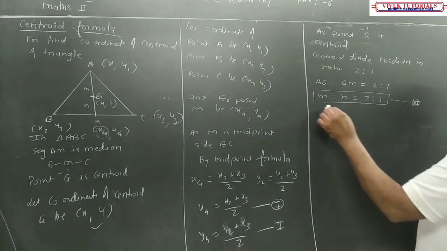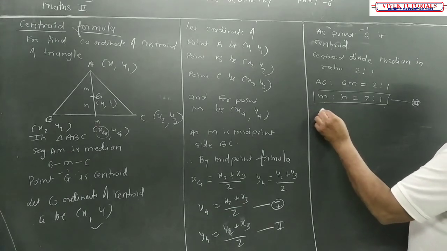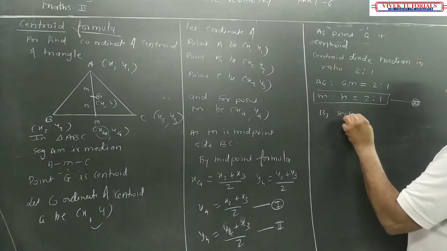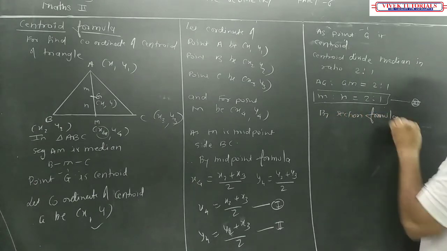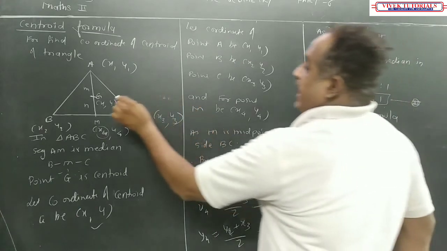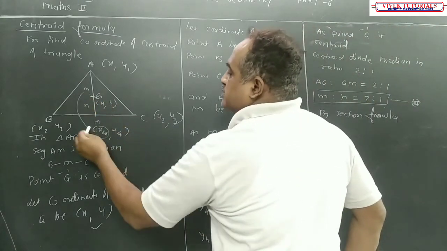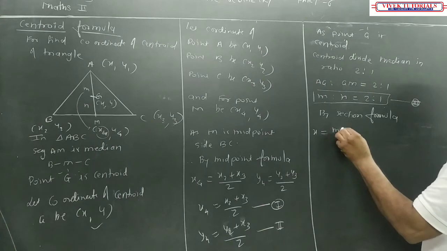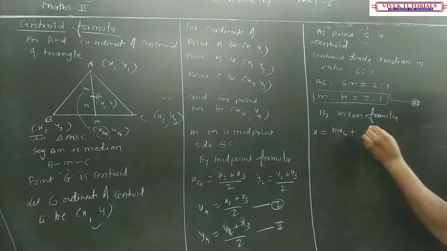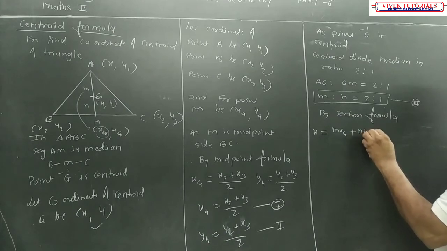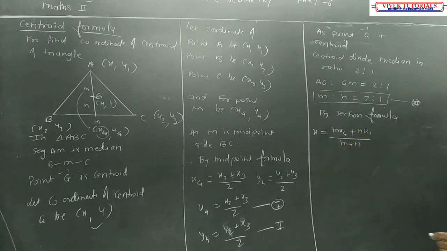Now, so by section formula now. Section formula किसके लिए? x के लिए. तो x is equal to m into x4 plus n into x1 upon m plus n. And here it will be y is equal to m y4 plus n y1 upon m plus n.